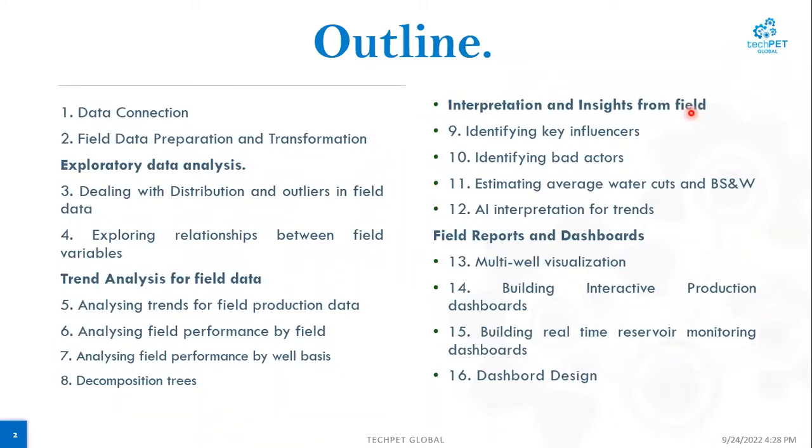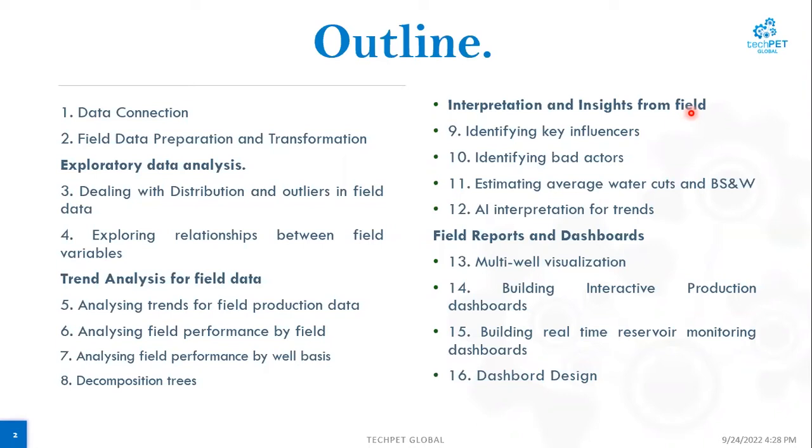Or even if they were already producing, not that you just recently brought them online, as a tactful professional you're able to use a technique to identify the wells that are causing this drawback. That's identifying bad actors. And then we have estimating average water cuts and all that.